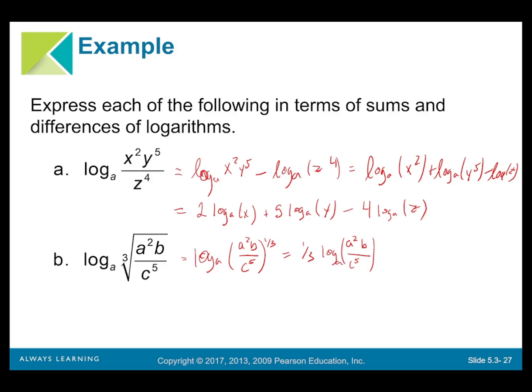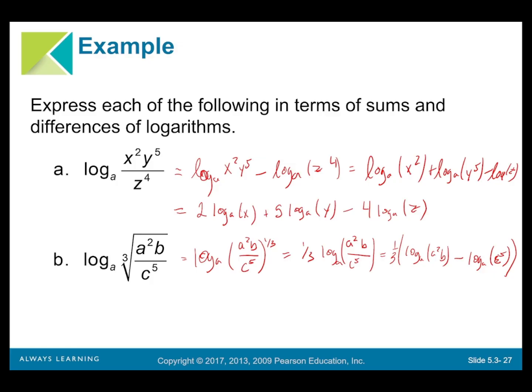All right, so we did one of these. Now let's do another one. I think the next biggest operation yelling at me is the quotient. We have a fraction bar there. Let's handle that next. That becomes 1/3 log a of a squared b, minus log a of c to the 5. And that 1/3 needs to be distributed to both terms, right?